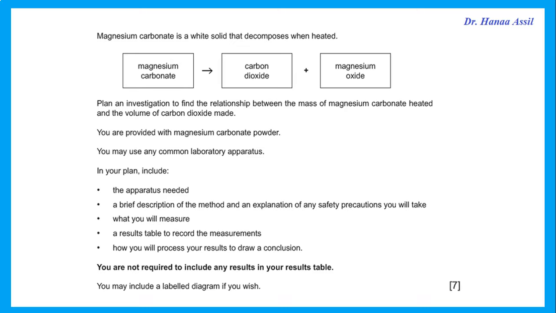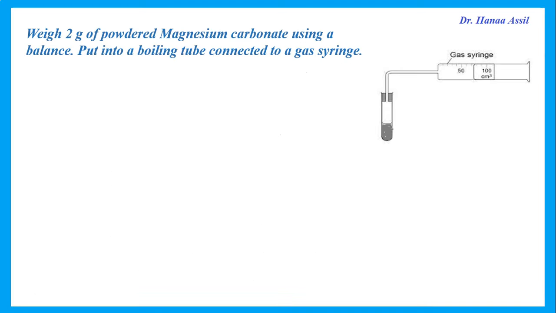You may use any common laboratory apparatus. In your plan, include the apparatus, a brief description of the method, safety precautions, what you will measure, results table to record the measurements, how you will process your results. You're not required to include any results in your table. You may include a labelled diagram.